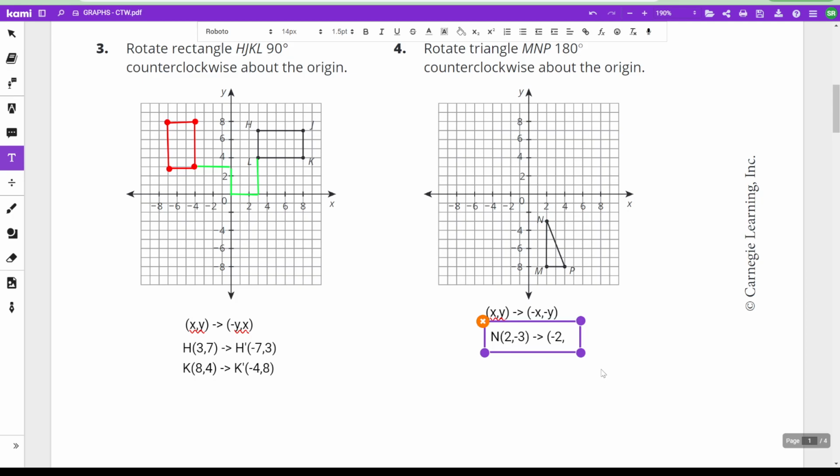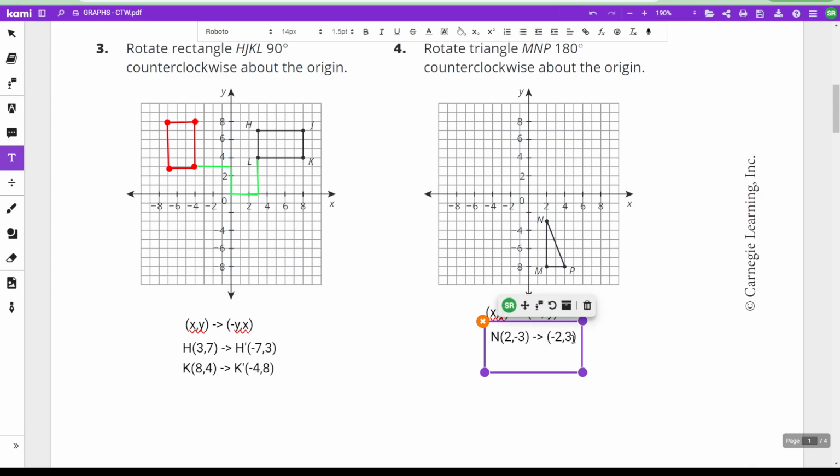And then we have our negative y here. And you might be thinking, well, it's already negative. Well, that's saying to basically take our negative y and make it negative again. And a negative times a negative is a positive. And so basically we're just going to flip the sign and make it positive. So there's our first point.